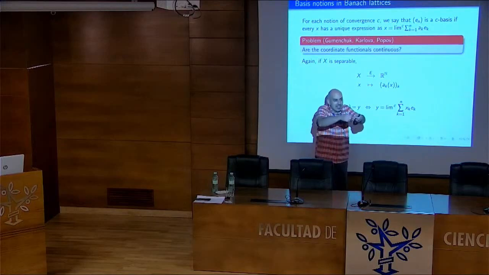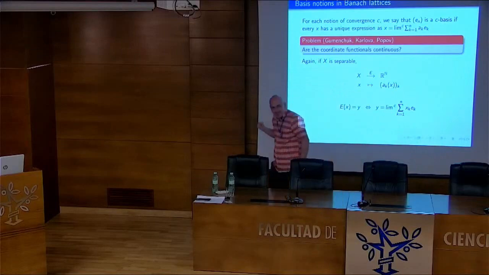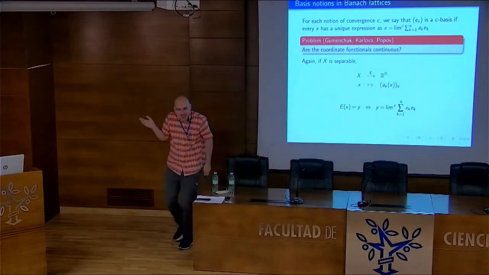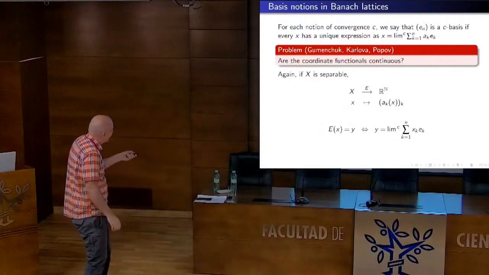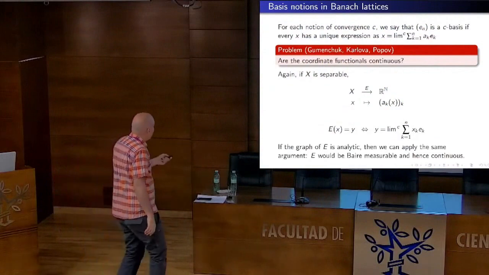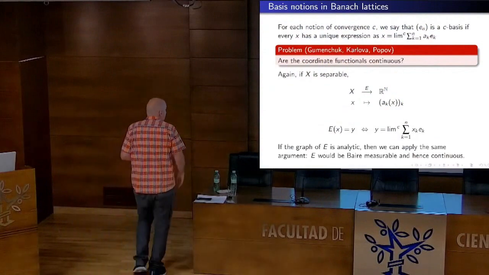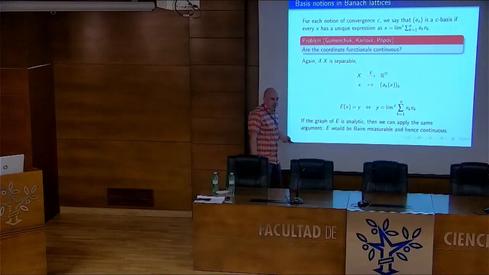Just write the thing and count quantifiers, because descriptive set theory is very easy. This is the easy part, of course. Again, if the graph happens to be analytic, then we would be in the same place as before.